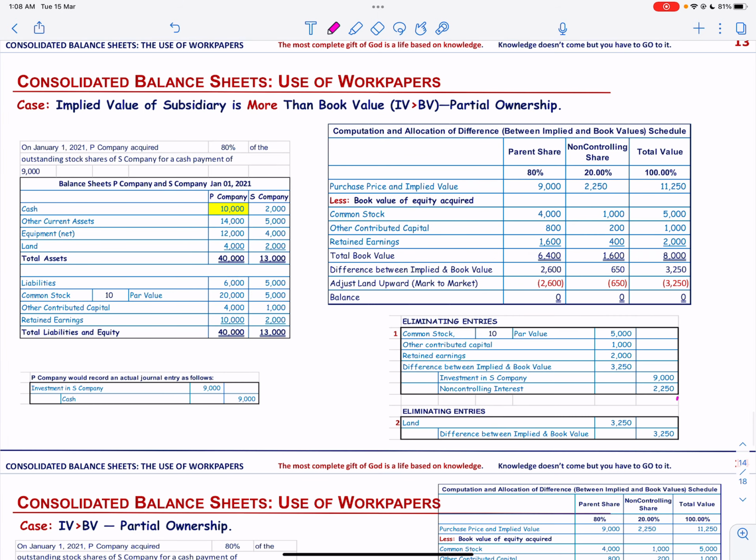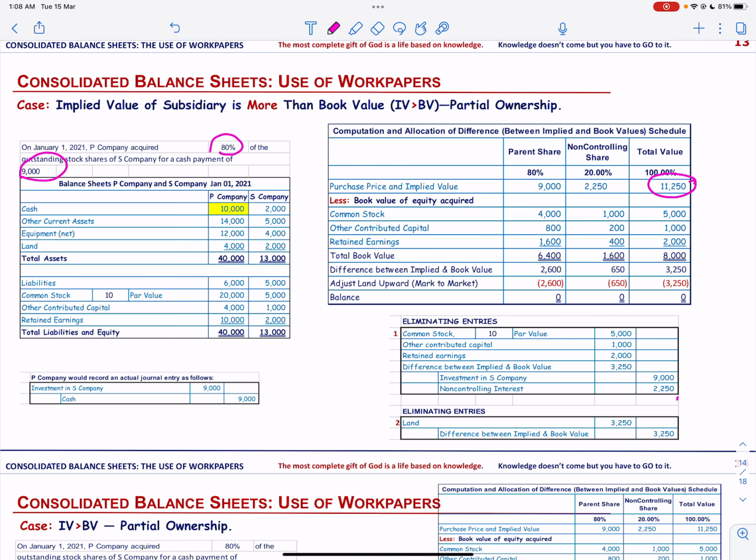On January 1, 2021, P company acquires 80% of the outstanding common stock of S company for 9,000 cash. The purchase price 9,000 for 80% of S company implies a total value of 11,250.